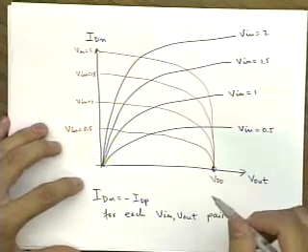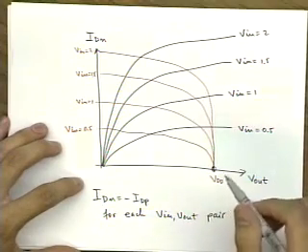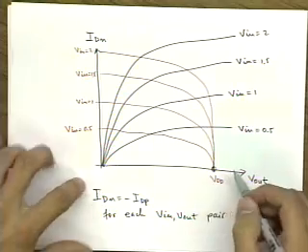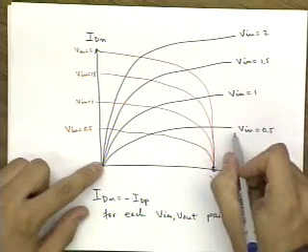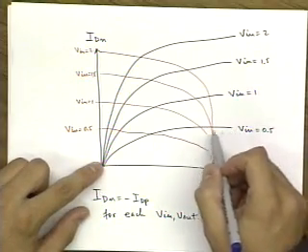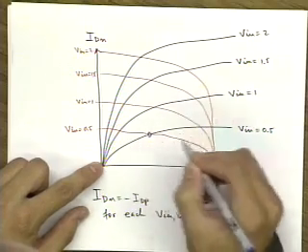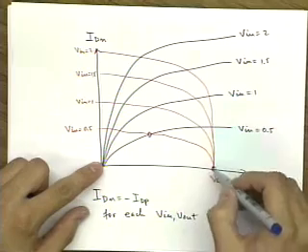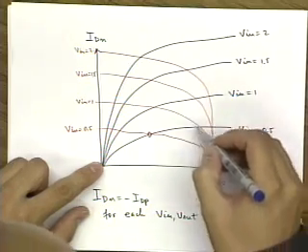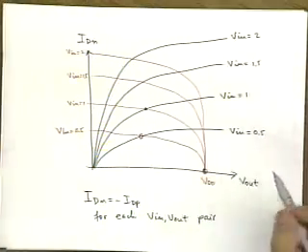So if your NMOS is V in equal to 0.5, then you have to intersect with your PMOS over here. Then NMOS is equal to 1, your PMOS is over here.